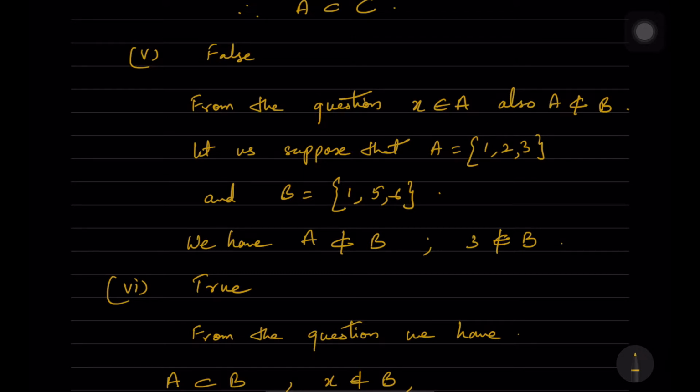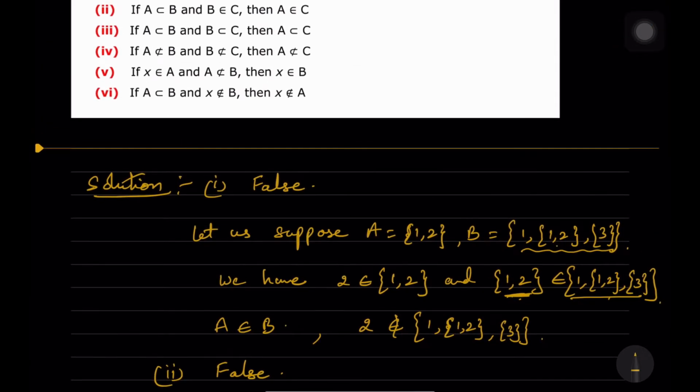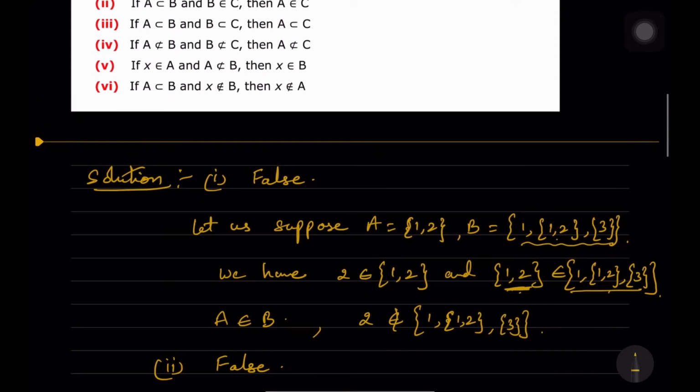Definitely we can see that A is not a subset of B and 3 does not belong to B, isn't it? 3 does not belong to B. But here it's given that 3 belongs to B. So therefore this is a false statement. We proved that it does not belong to B.